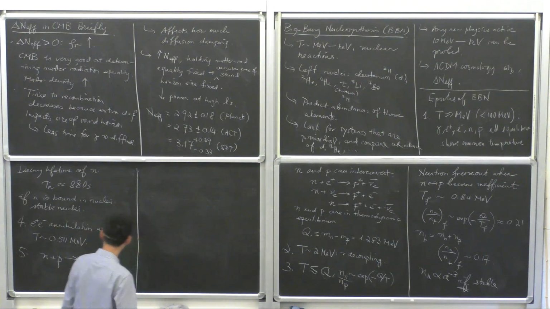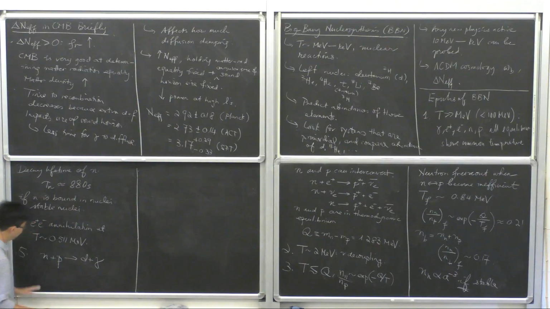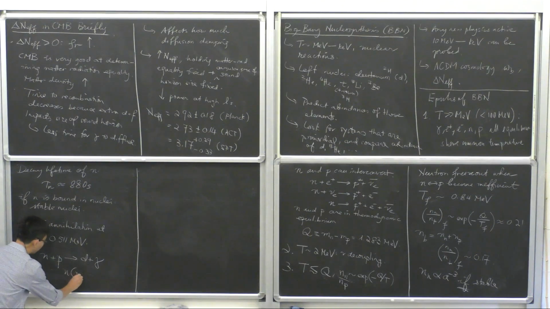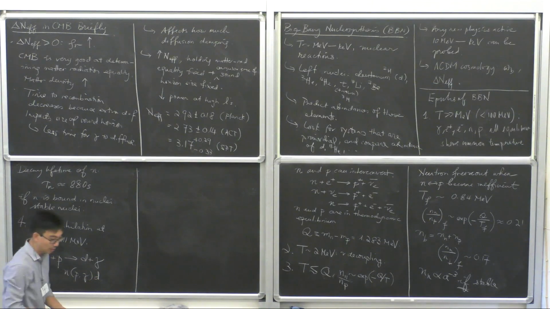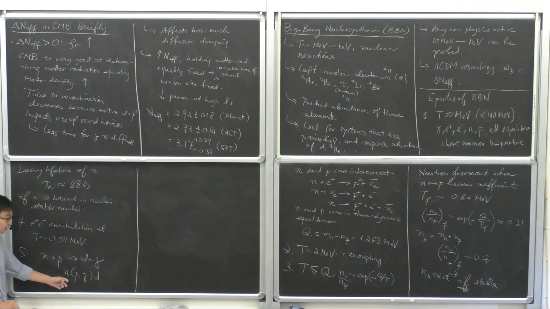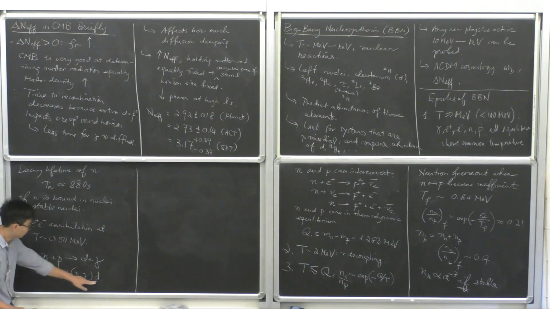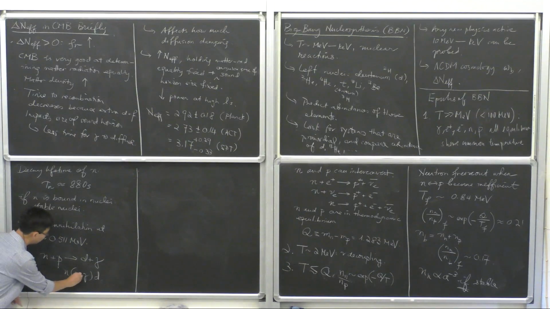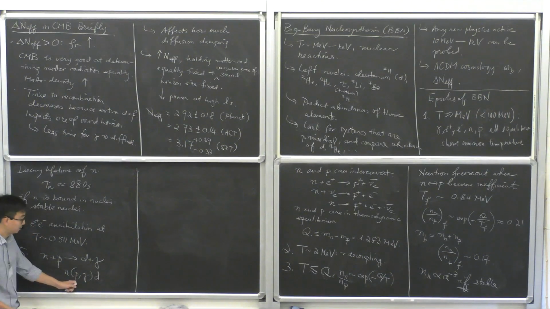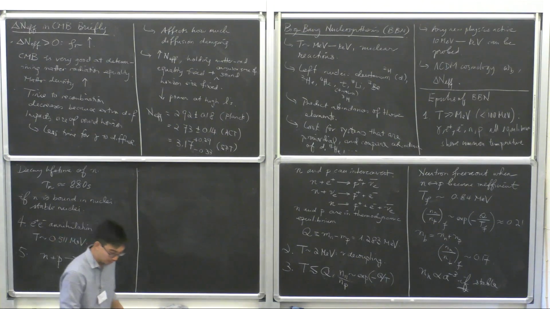Just for notational reasons, sometimes I will write this as n(p,γ)d, which is what people like to write in the nuclear physics literature. The comma separates the two sides of the reaction, and typically they put the smaller constituents inside the brackets. This is a notation that people use very commonly.